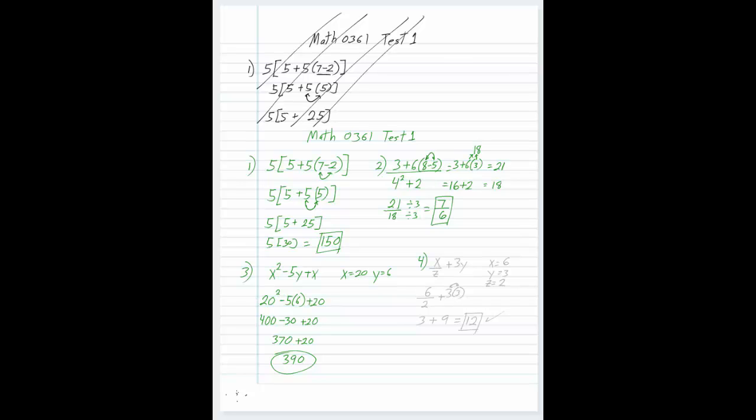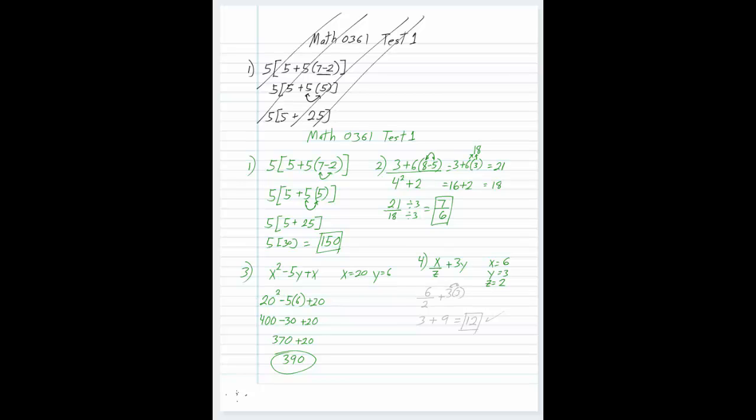Question 4. We have x over z plus 3y. And this time they told us that x is equal to 6, y is equal to 3, and z is equal to 2. Let's replace x, y, and z with their respective numbers.